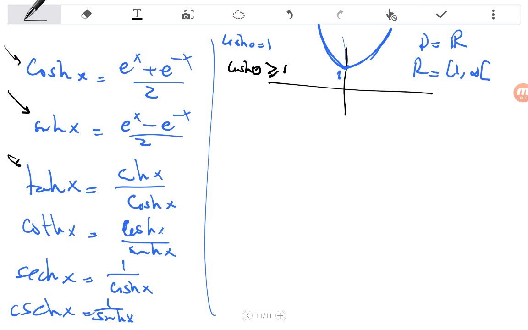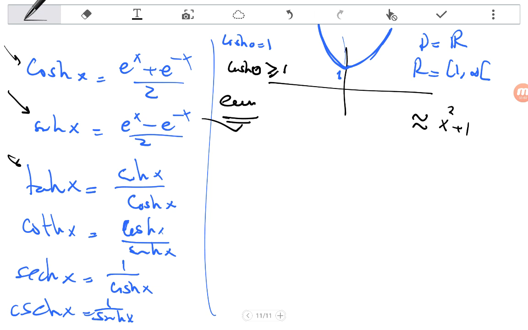I cannot have a cosh equal to a negative number, or for example a fraction like half. No, I don't have any of these. What about it being even? Also it is even. We have learned that. It is obvious here that it is even. And it is much like the expression x squared plus 1.